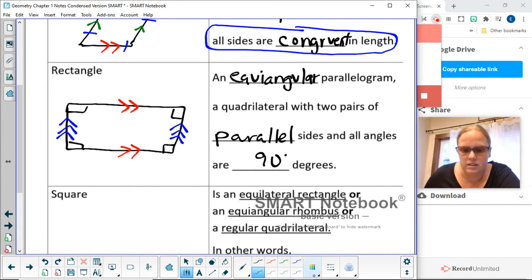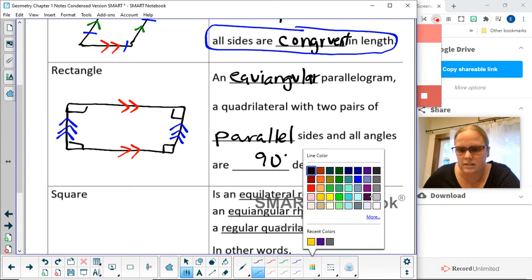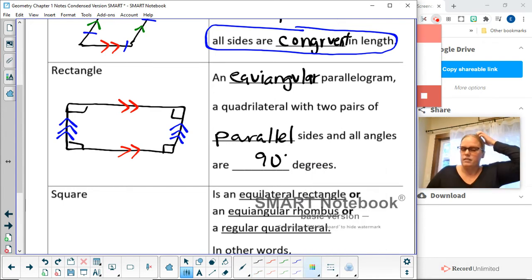Okay, now there is another property on the rectangle that you probably are saying, hey, we need to put this in, and that's that the opposite sides are the same length. And that is only because of these 90-degree corners and parallel sides.